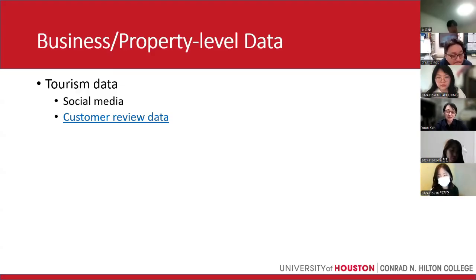So many times I started thinking, what about the other kinds of companies, and small properties? Here comes the other data source that I have used and want to share with you. Since this is a group of smart tourism researchers, for tourism data, social media data like Instagram and Facebook can be data points as well.